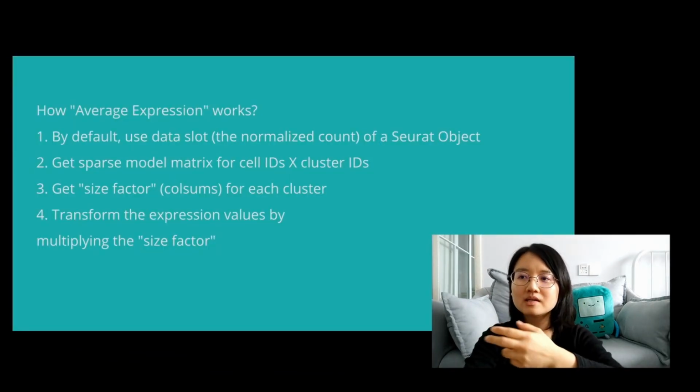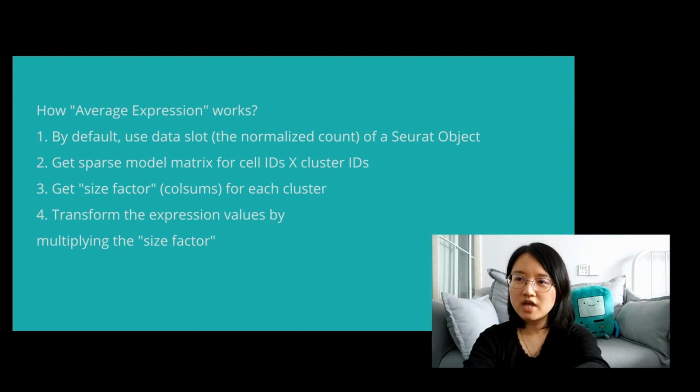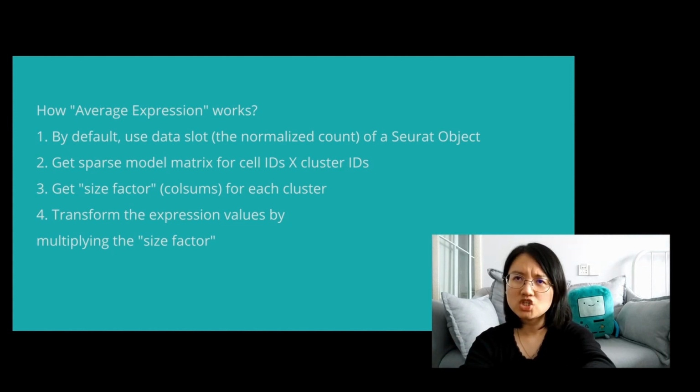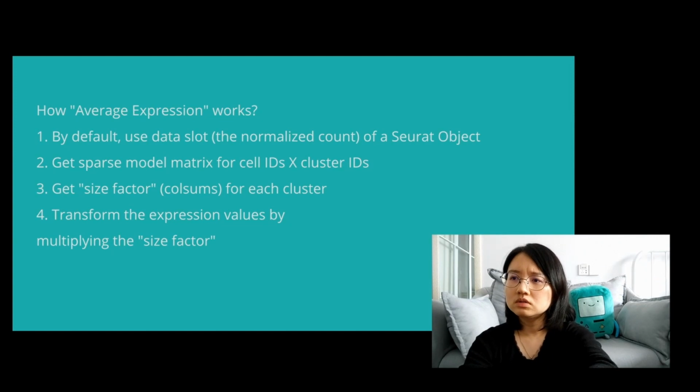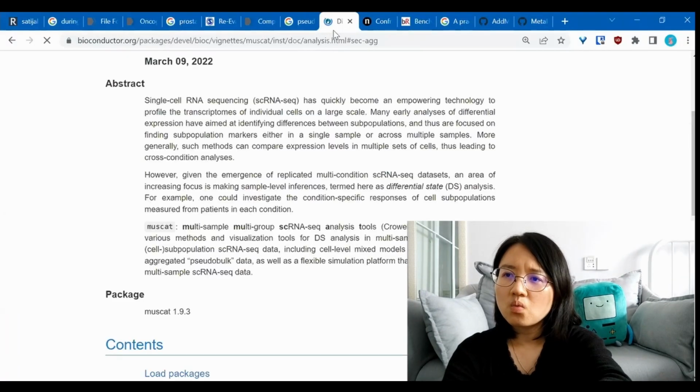The main point is that instead of just using the normalized data from the Seurat object, they undergo one more step, which is to determine the size factor based on the number of cell IDs in each of the clusters. So why do they want to do it? What is the benefit? I tried to explore what pseudobulk actually means.